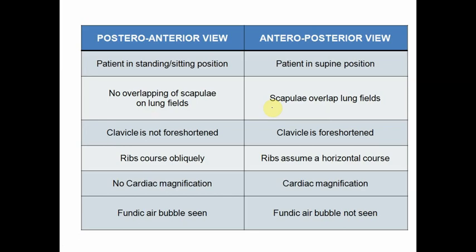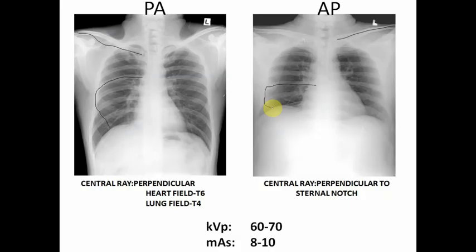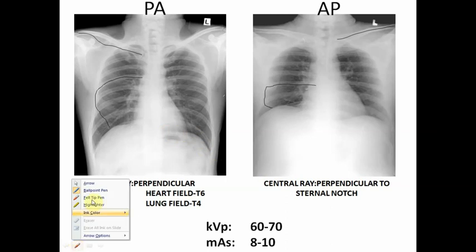Fundic air bubble will be seen in the PA view, and fundic air bubble is not seen in the AP view. I think I told you in the last class, in the first basic class. You can see here this is the dome of the diaphragm, and here you can see the fundic air. The air is inside the stomach.